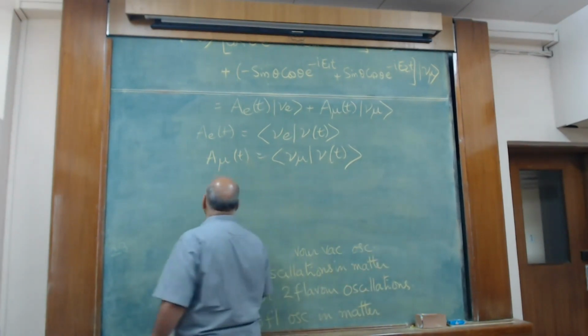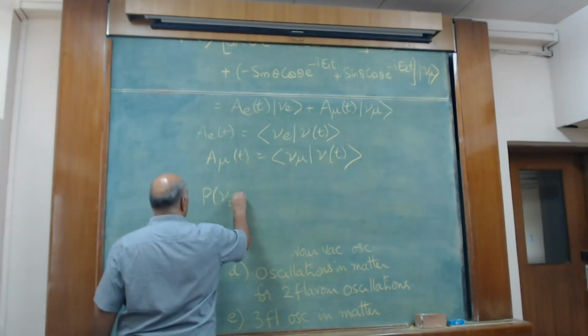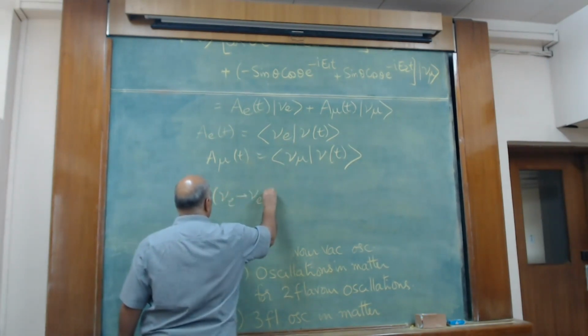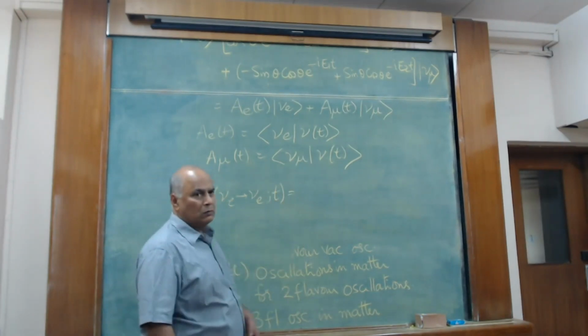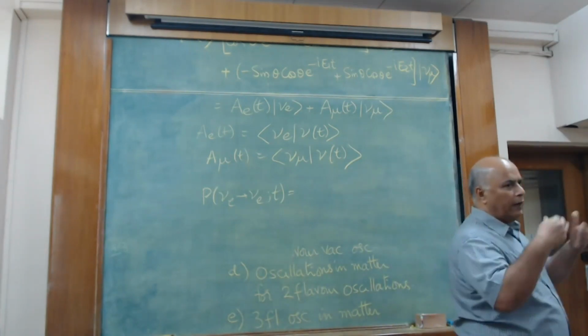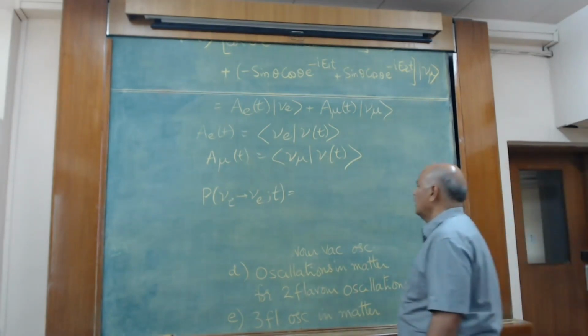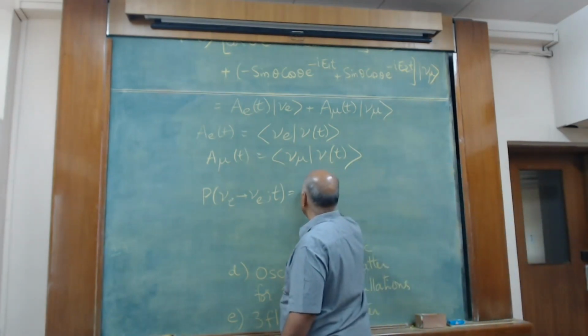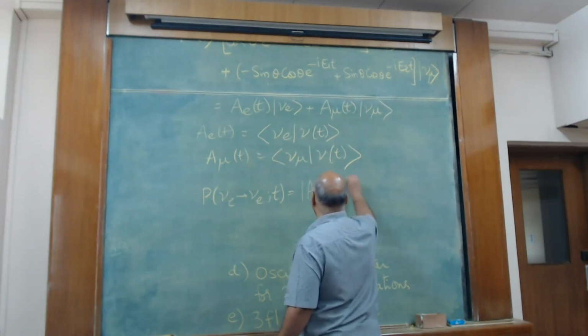And the probability that a neutrino which starts as nu_e and is detected as nu_e is mod A_e(t) square.